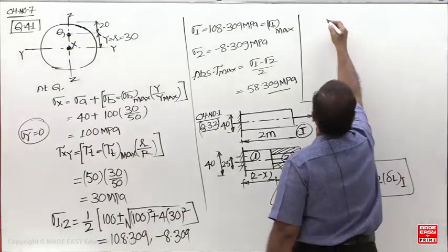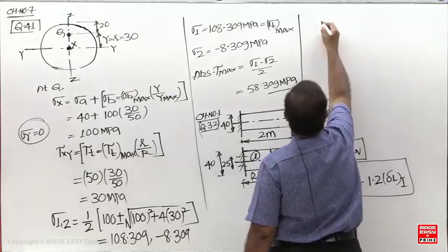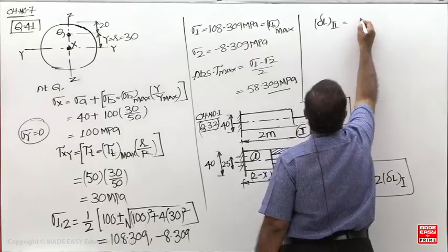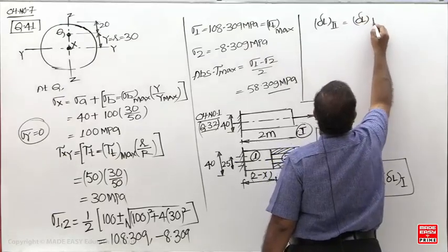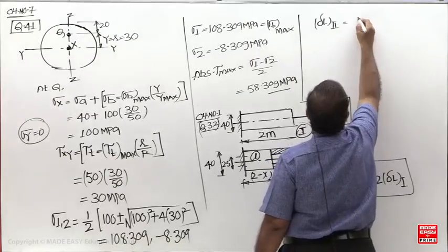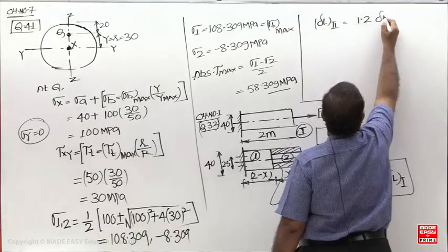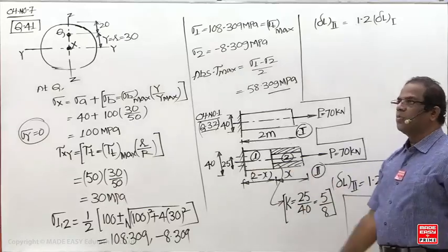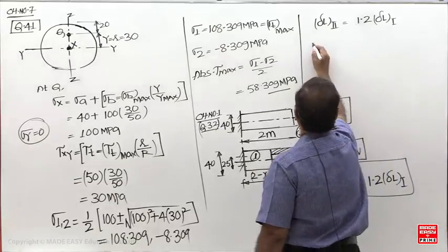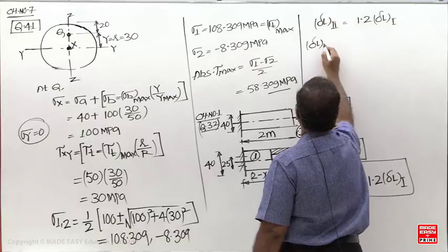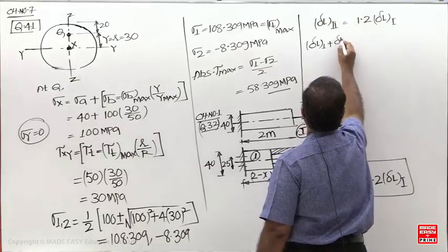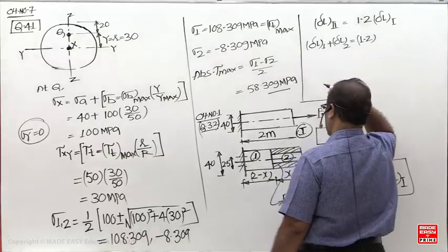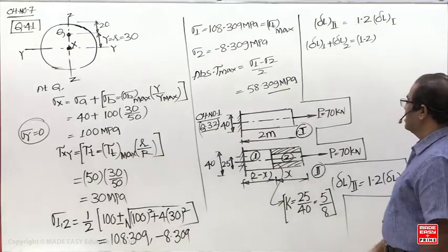So what should I write down now? 1.2 times the change in length, but this should be taken as 2 bars. It is a single bar. What is the change in length of this bar now?